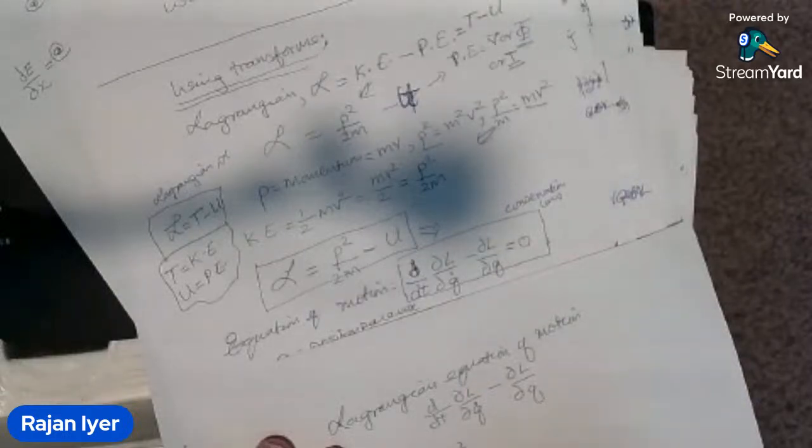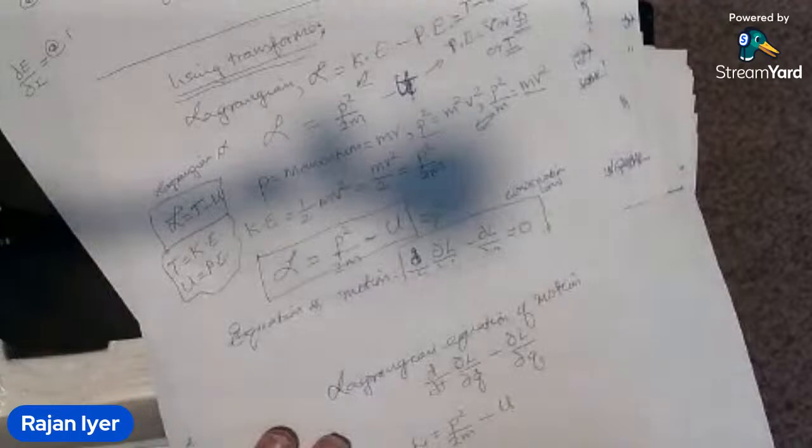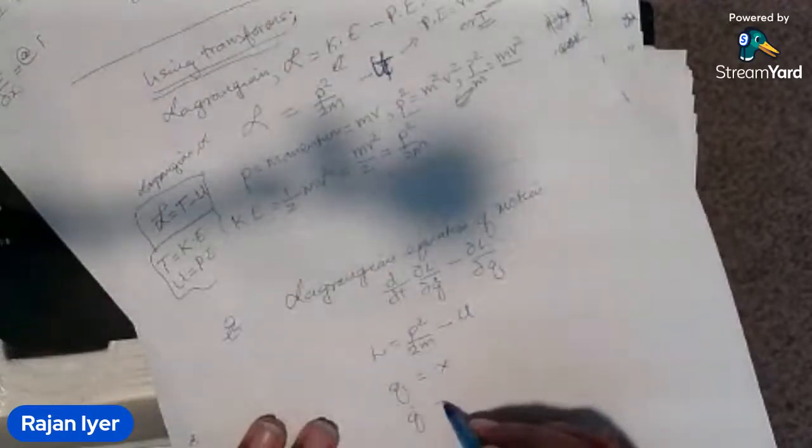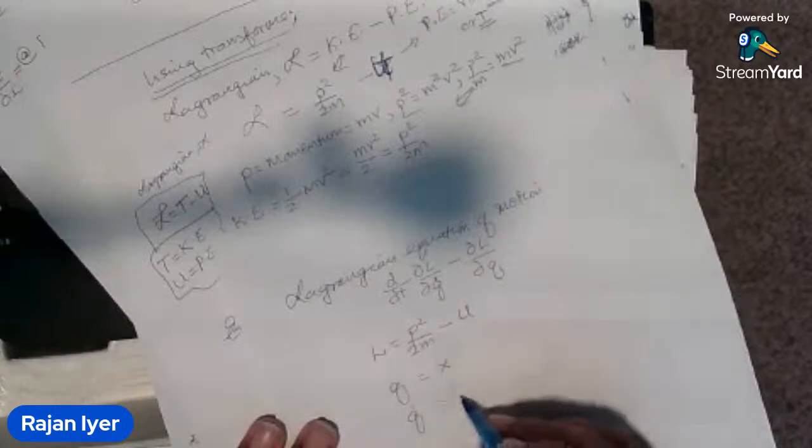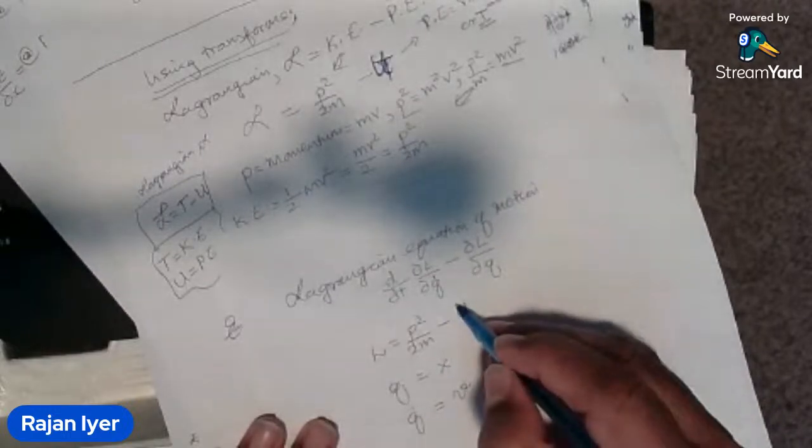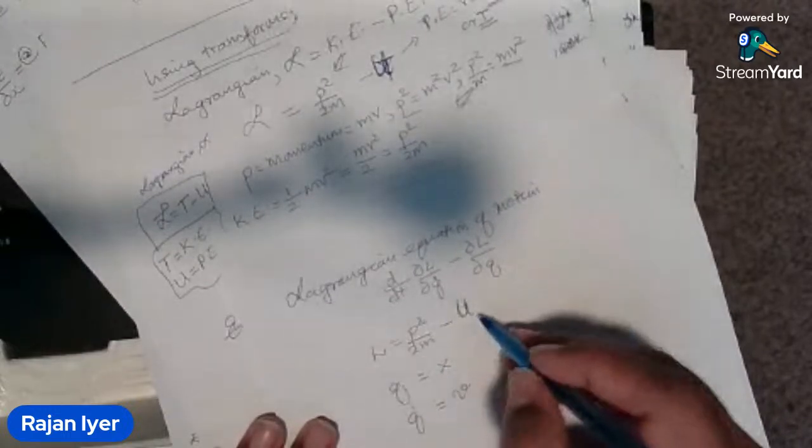So this is the equation of motion. Let's put L equals p square over 2m minus u, and let's put q equal to x, so q prime equals v, the velocity. We have to be careful here because of the potential energy.